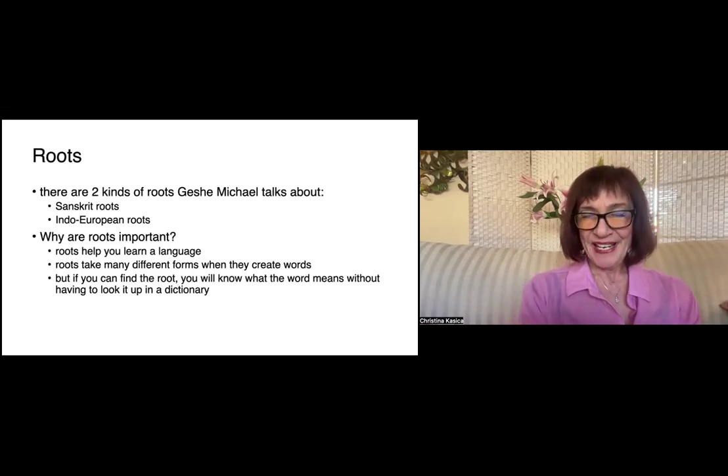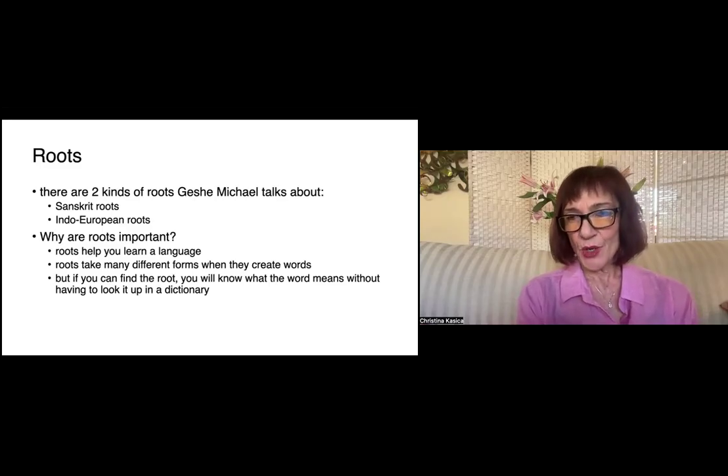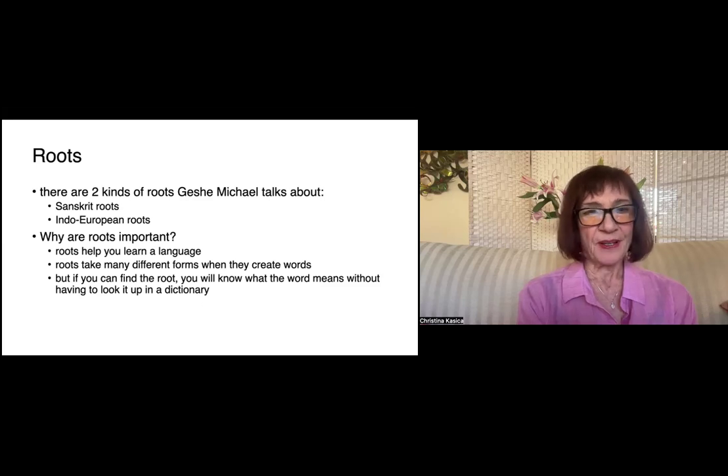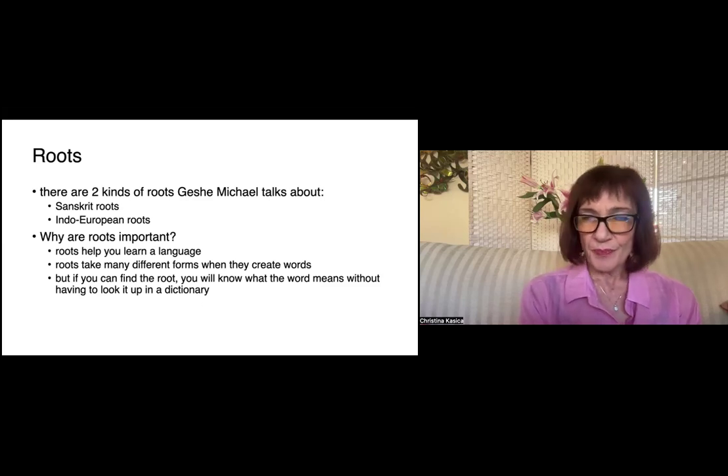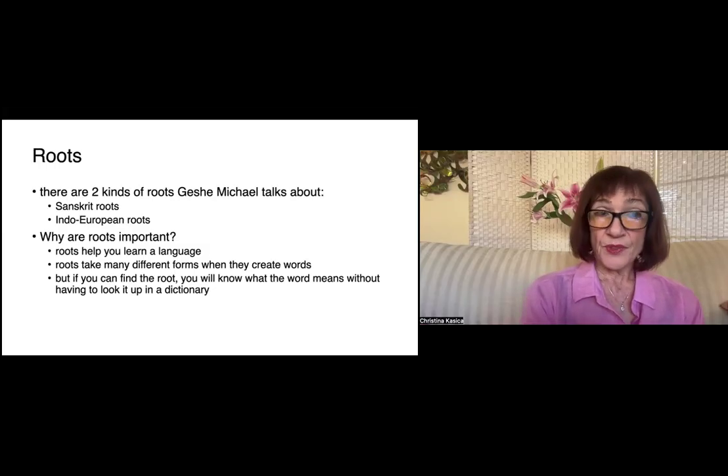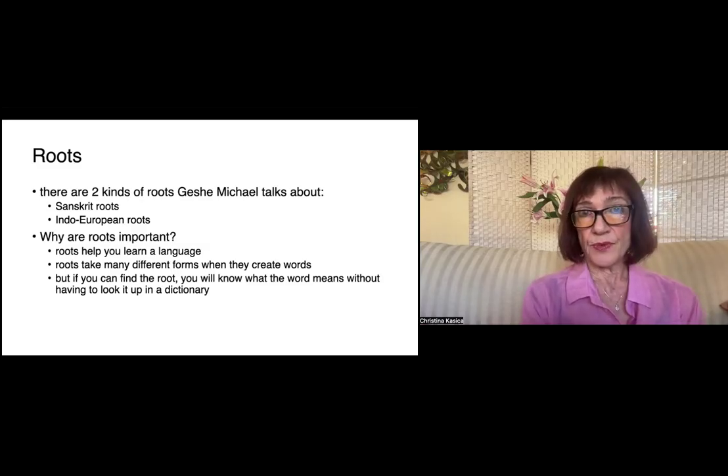One of the main passions that Geshe Michael has in teaching, at least Sanskrit, because I don't know about the Tibetan teaching, is roots. There are two kinds of roots that Geshe Michael talks about, and it's easy to get these confused. There are Sanskrit roots, and there are Indo-European roots. Now, why are roots important?